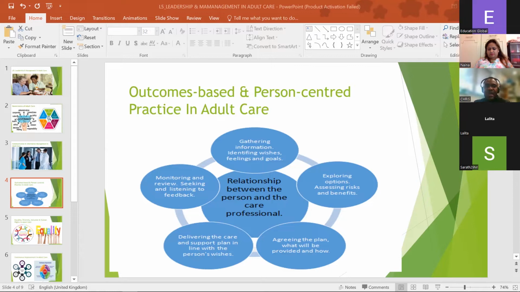Then we'll also look at the role of relationships in promoting health and well-being. So is it better when people have other people in their lives? Does that promote their health and well-being? And when people are living alone, how does that affect their health and well-being?